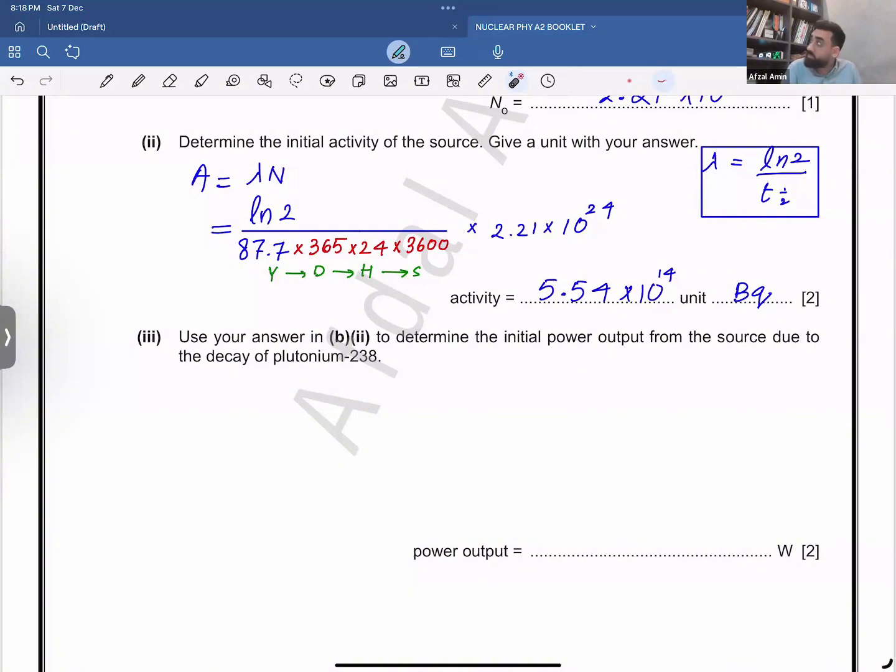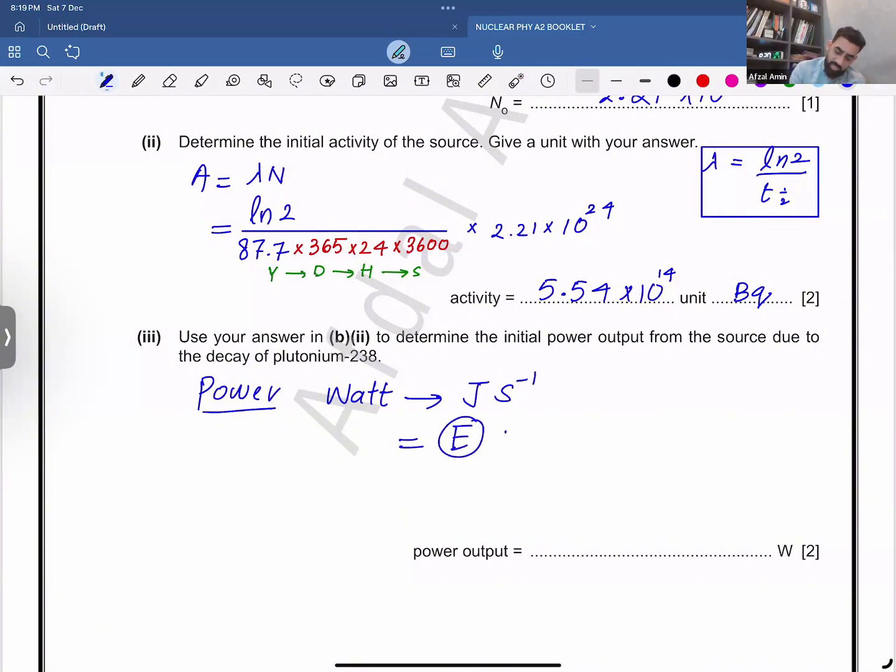We don't have time, but power in watts is joule per second. So can we do energy times something which is per second? Make sense or no?